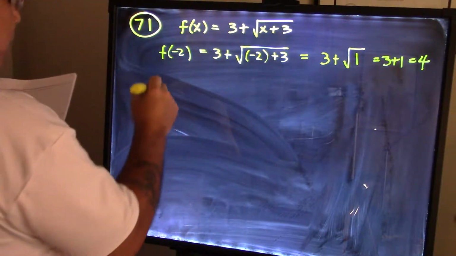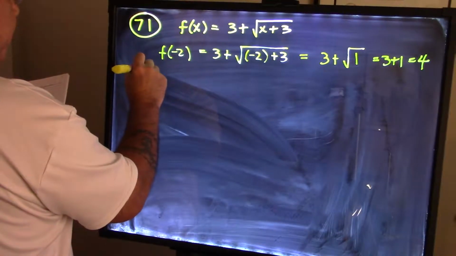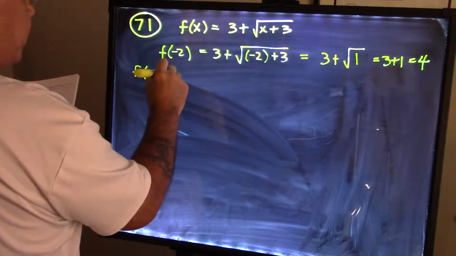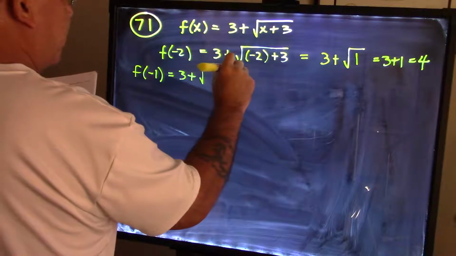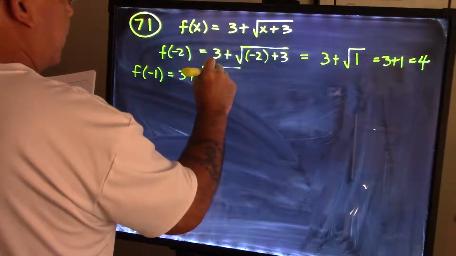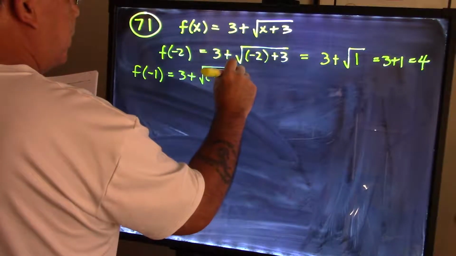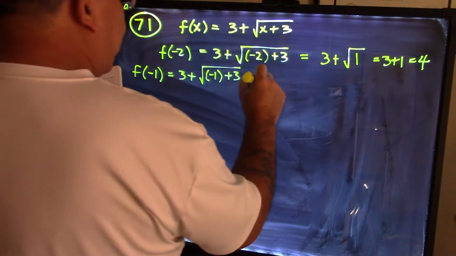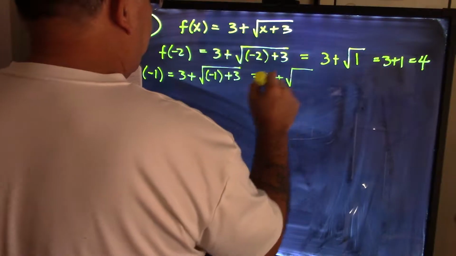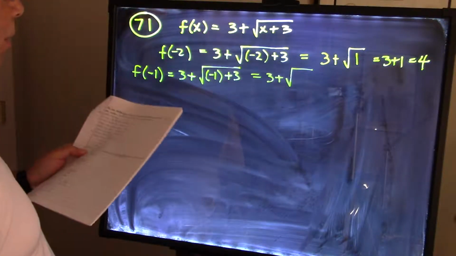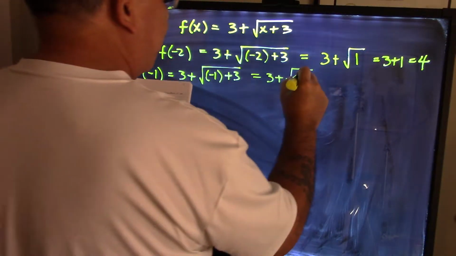Then we have f of negative 1. So 3 plus the square root of negative 1 plus 3. That's equal to 3 plus the square root of 3 minus 1, which is 2.